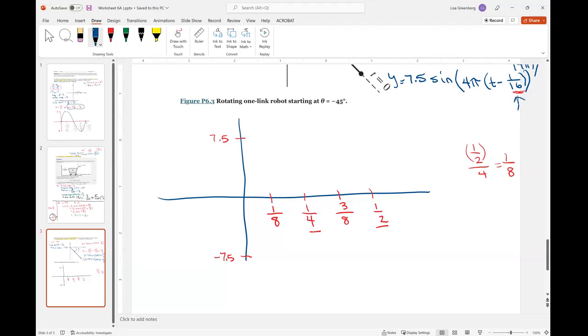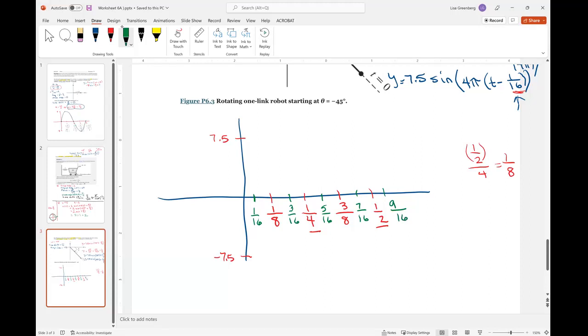So since it's 1/16, I'm going to divide each one of these in half, because I need to know where 1/16 is. So this is 1/16, 2/16, 3/16, 4/16, 5/16, 6/16, and 7/16. So also, if I'm shifting it, this is 8/16, so this would be 9/16.